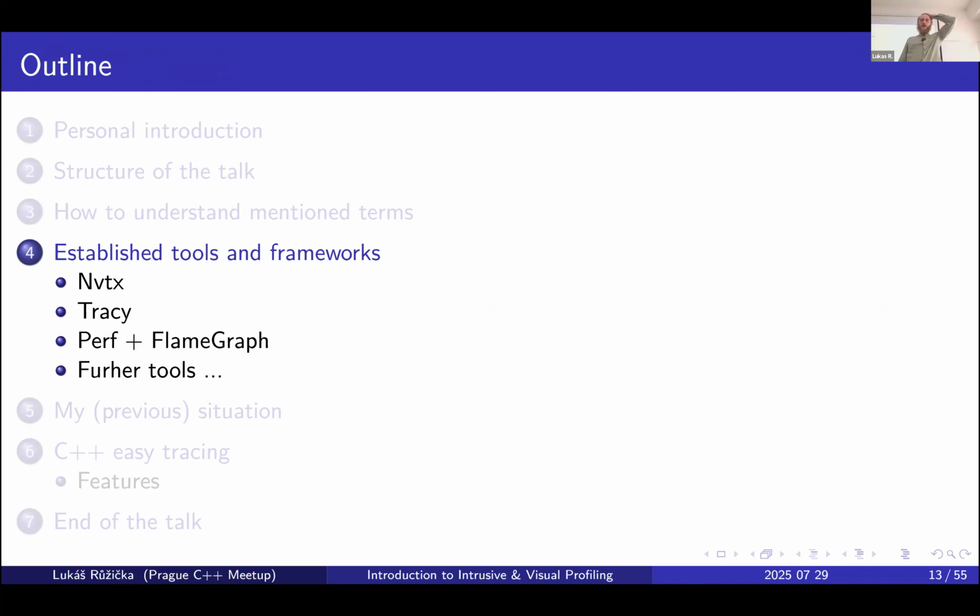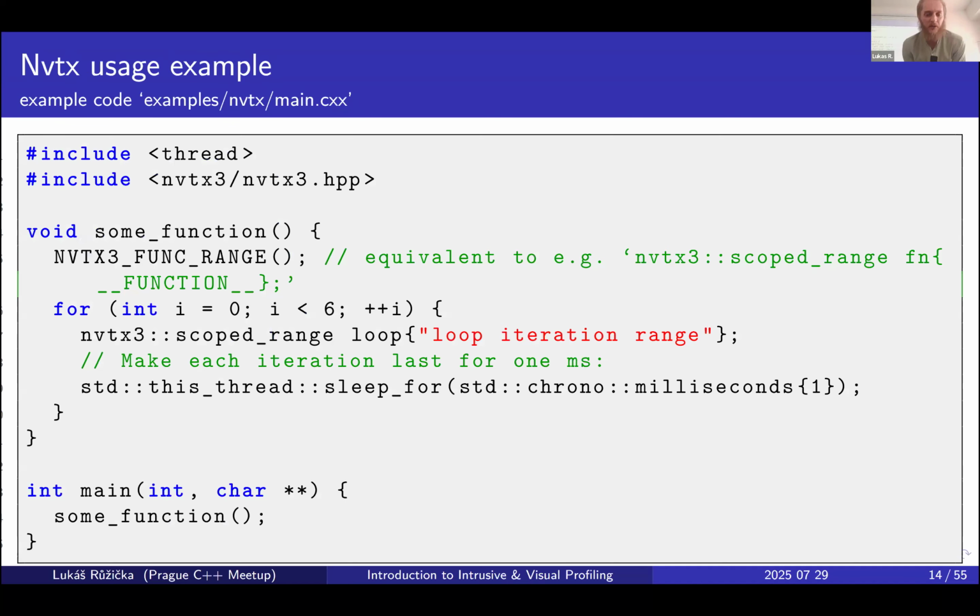So we are slowly getting to the established tools, starting with nvtx. You have a very simplified, oversimplified example of usage of this particular framework or library. Sorry, the line numbers are missing, they are behind the left side of the screen.